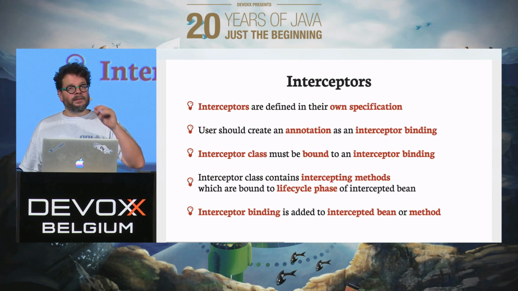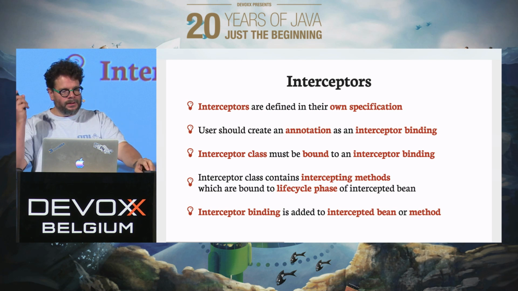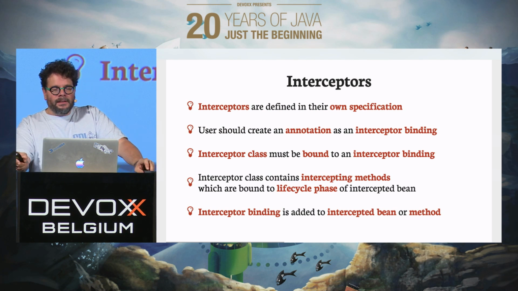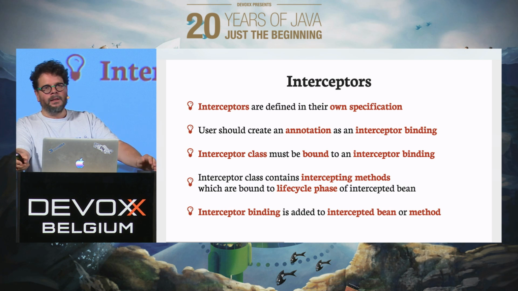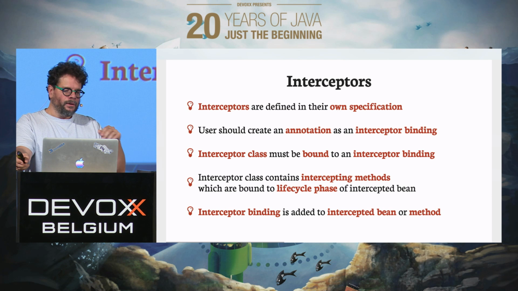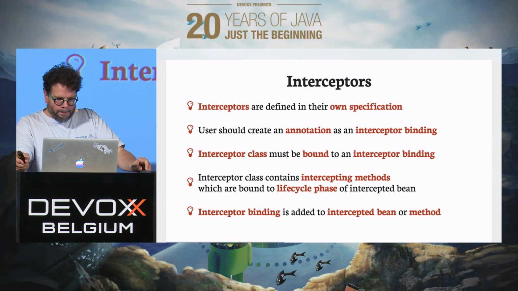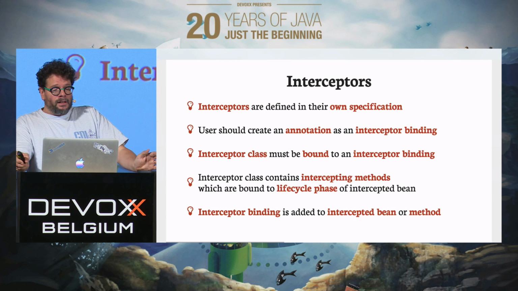The good thing to know about interceptors is that they are defined in their own specification. So there is an interceptor specification, and CDI uses this specification and adds a few things to the spec. To create an interceptor, you'll have to create an annotation, which will be the interceptor binding.